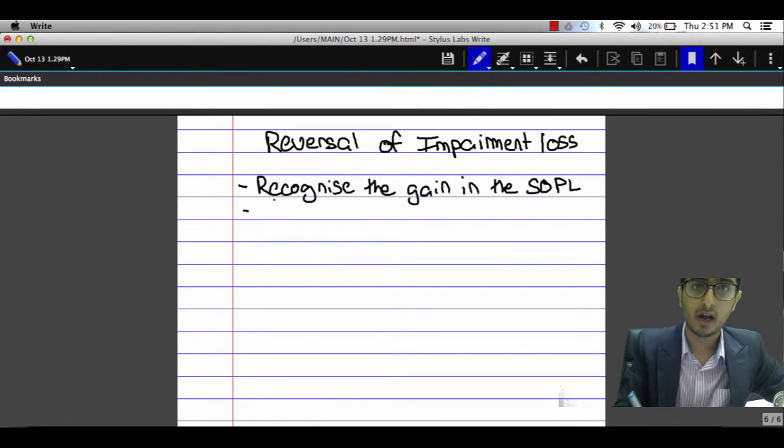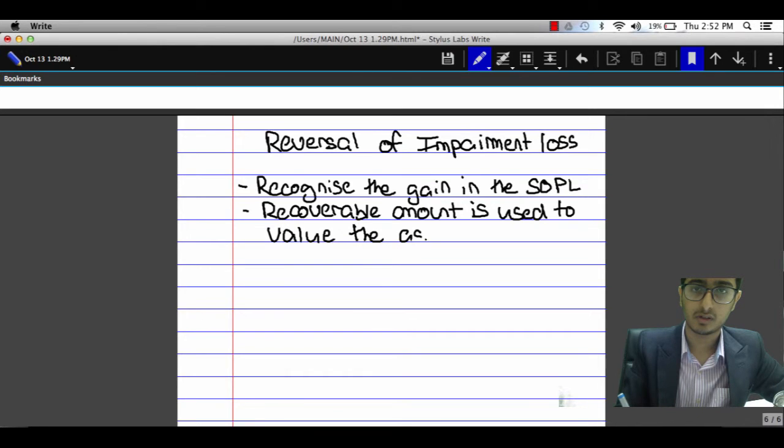Okay, and now in the carrying value, in the non-current assets, we will put the recoverable amount of the asset in the statement of financial position.